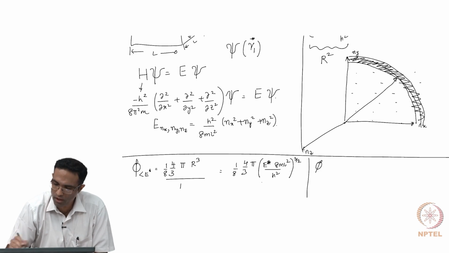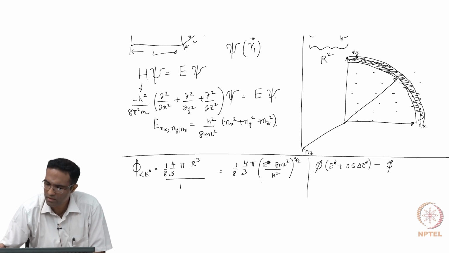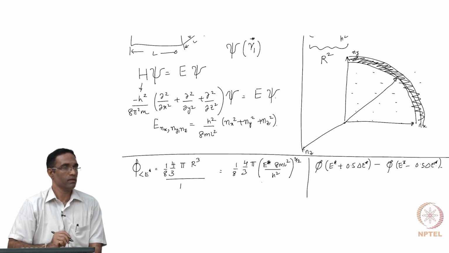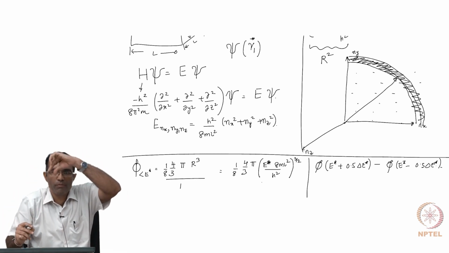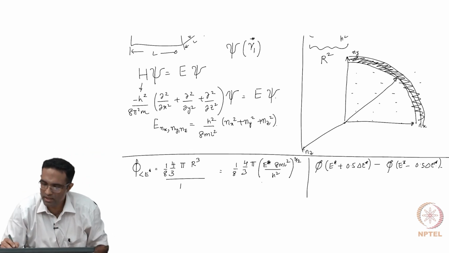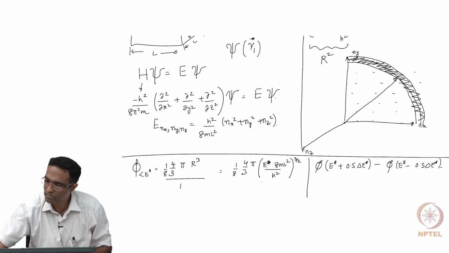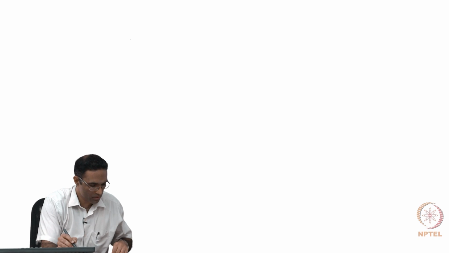We did phi of E star plus 0.5 delta E star minus phi of E star minus 0.5 delta E star, right? And that would essentially give us the total number of points that is lying in that belt delta E star, and that turned out to be something.